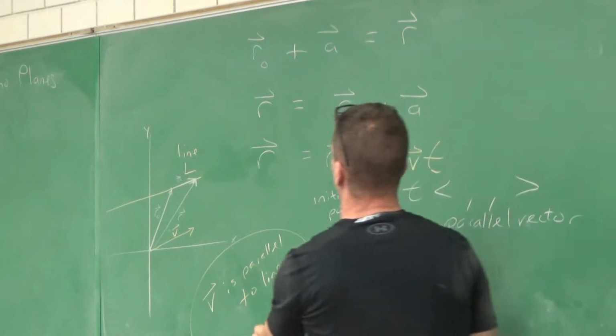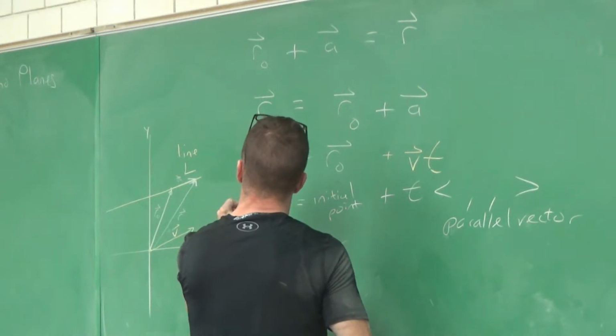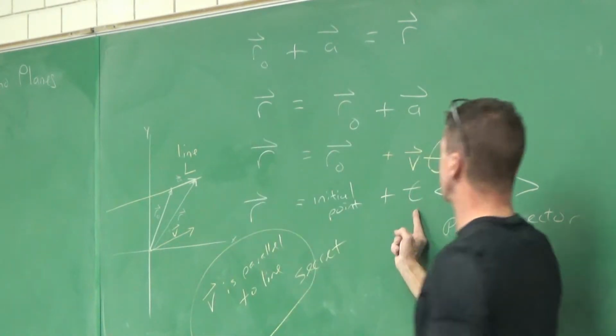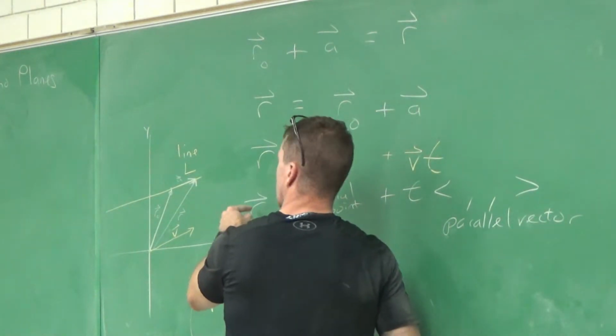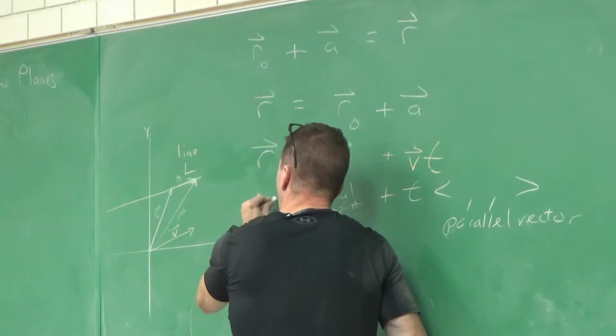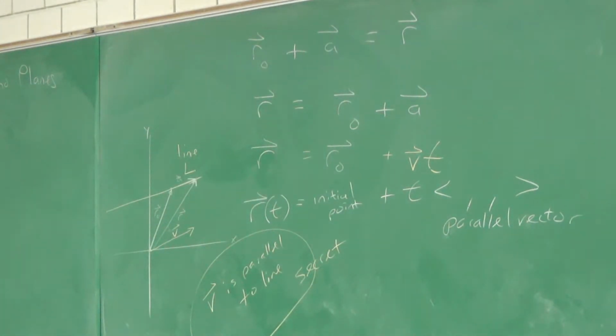This is how we can describe any line. And what variable did I use? t. You can think of this as a vector equation, like just r. If you want, you can call it r of t, as if everything's going to be in terms of the variable t.